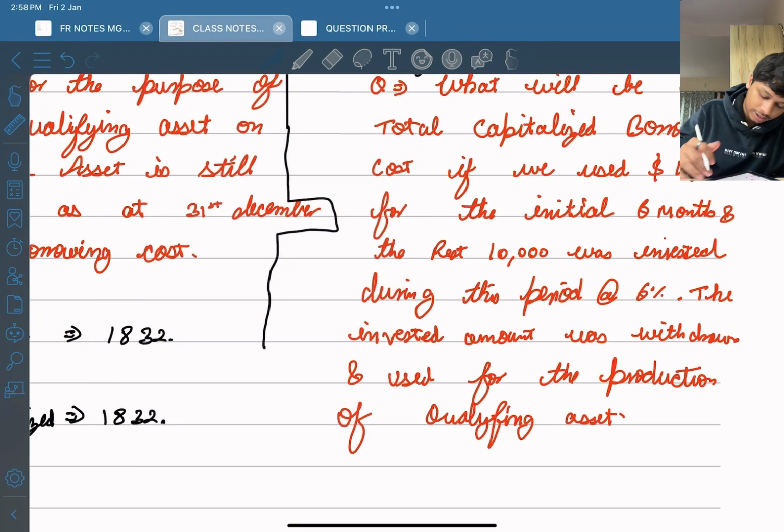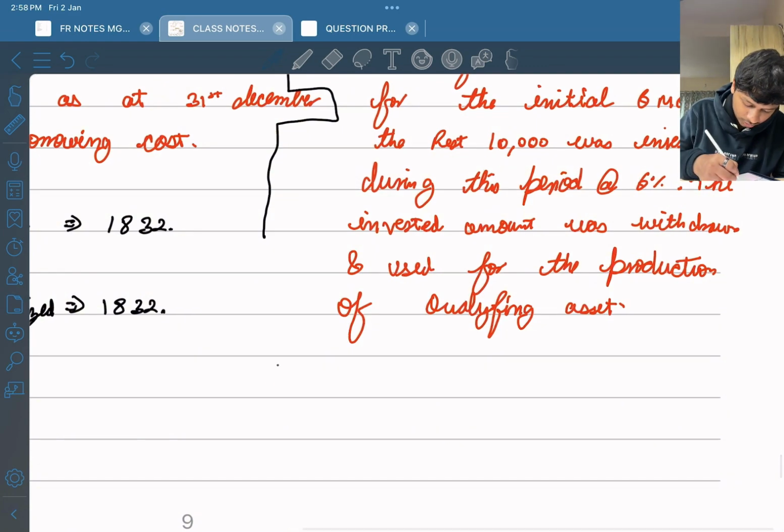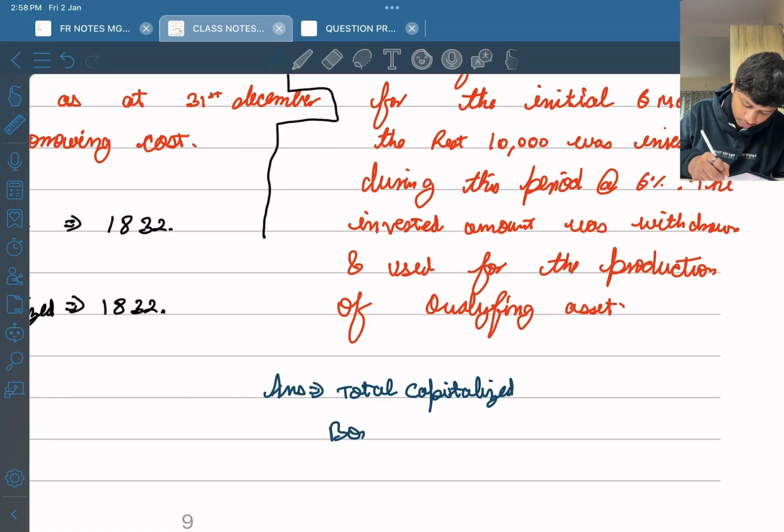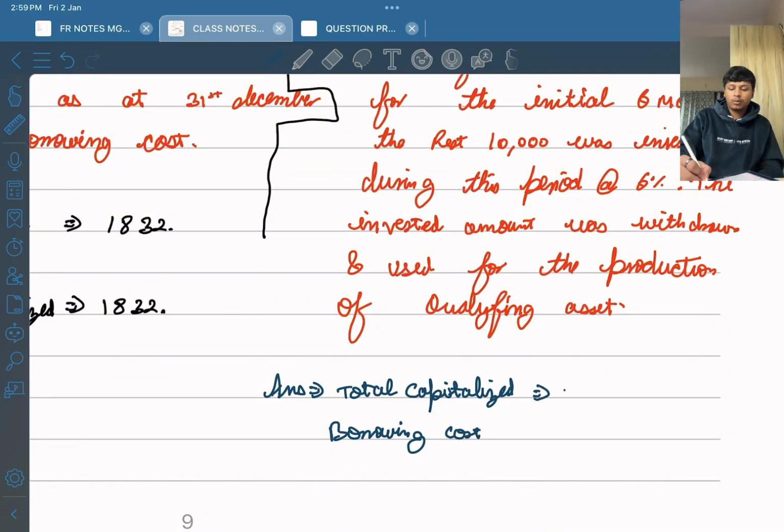Let's calculate the answer. So, answer: total capitalized borrowing cost will be, firstly we took a borrowing of 20,000 and the interest rate was 8%. So this will be the total interest cost, right?